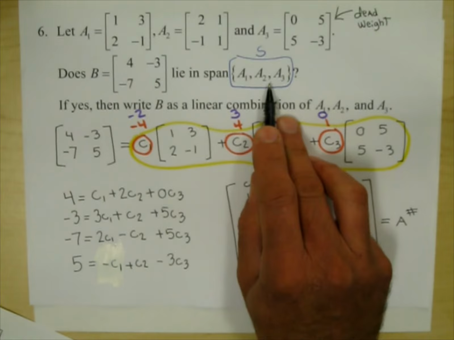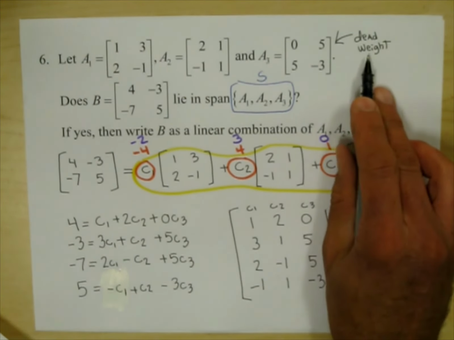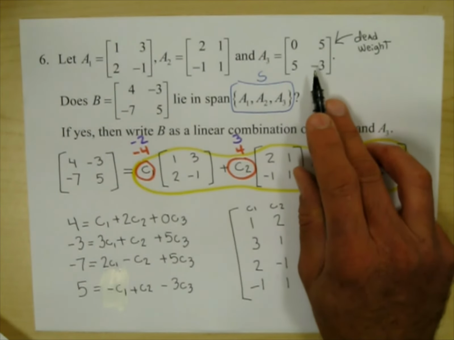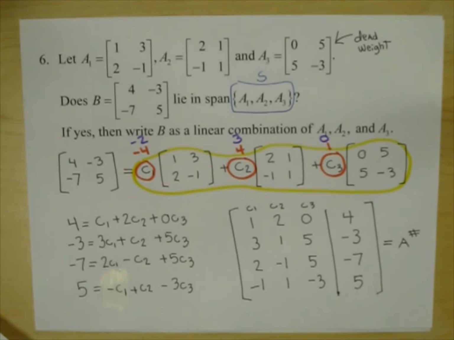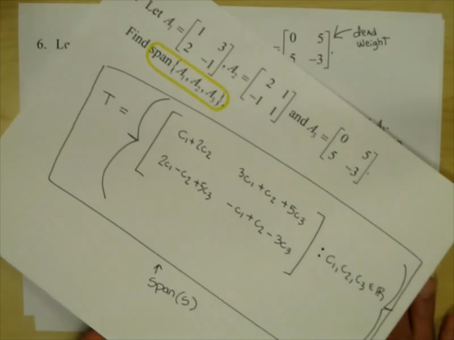Those are the 3 seeds. And we said that the last seed, we labeled it as dead weight, and we're going to come back to that in another section, but I do want to plant that word in your head for when we come back to it. Go ahead and do some more problems here.